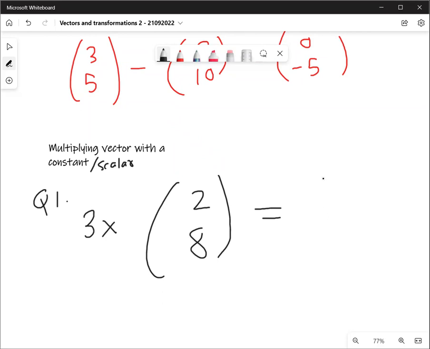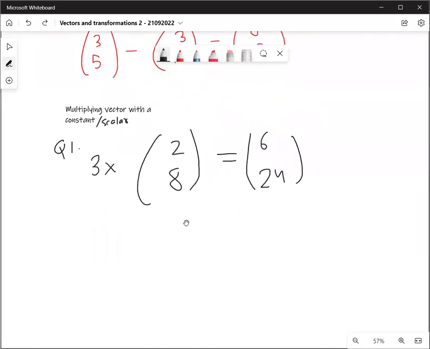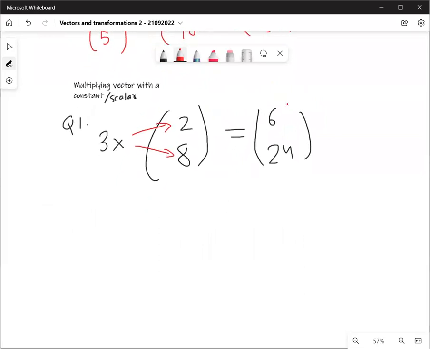Okay, so the answer is 6 and 24. Any doubts here? What are you doing? You're multiplying both of these with 3. And this is what you get.